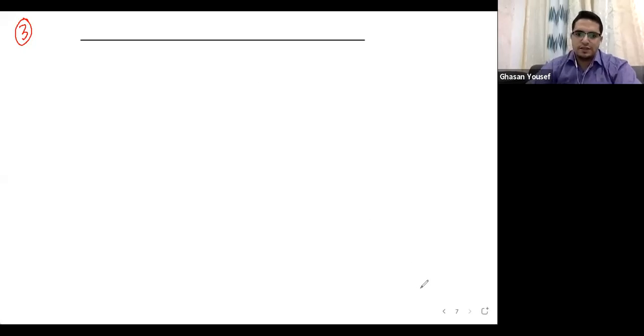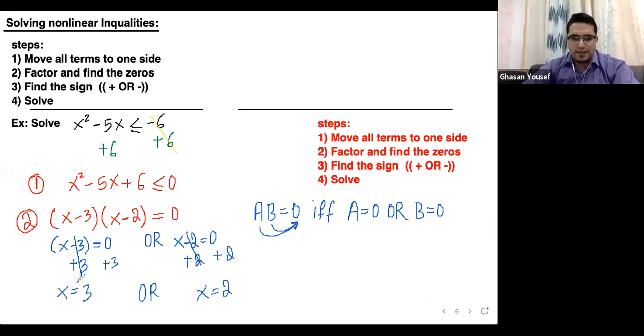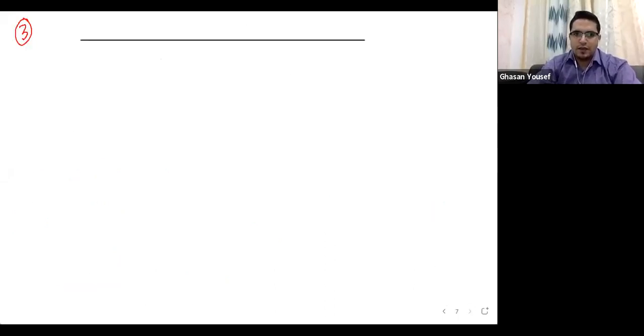What are the zeros? The first zero is x equals 3, and the second zero is x equals 2. And closed circles, so x equals 3 and x equals 2.